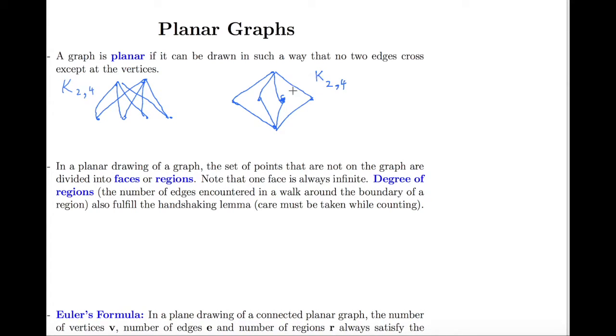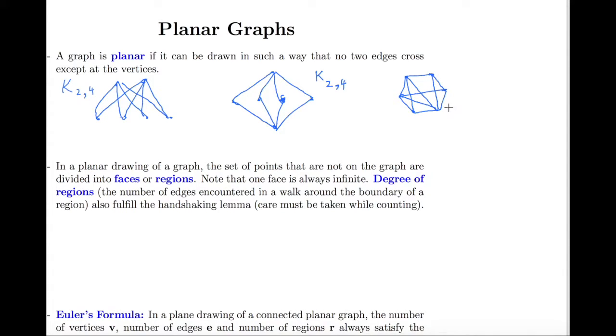Similarly, we can draw an arbitrary graph. Let's do another example. So for example, we have something like this, a hexagon. And then we have a vertex like this, edge like this, edge like this, edge like this, edge like this, and edge like this.